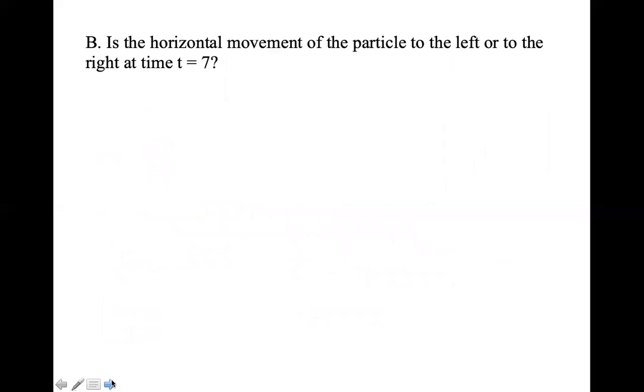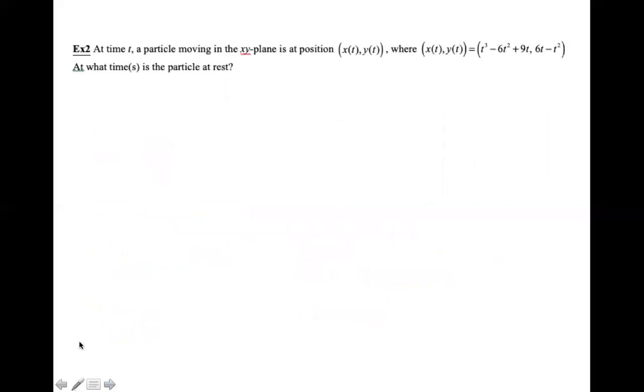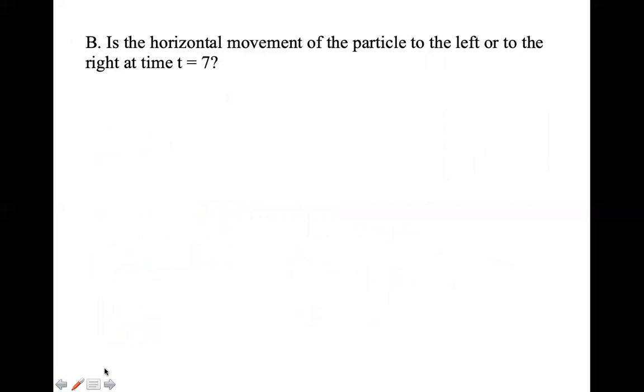In part B, it says, is the horizontal movement of the particle to the left or to the right at t equals 7? Horizontal movement has to do with the x coordinate, so we're looking for x prime of 7. 7 falls into the range of 6 to 10, so I can find the derivative x prime of t, because x of t is defined by that parabola in the 6 to 10 region.